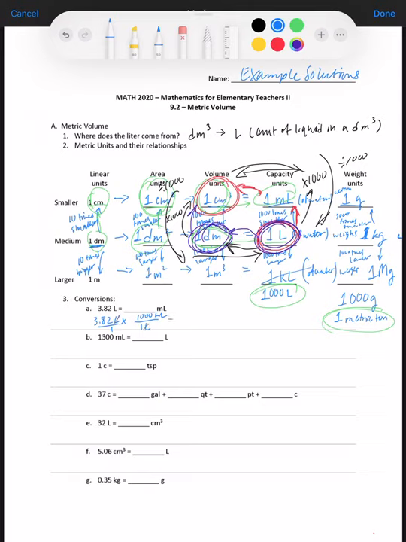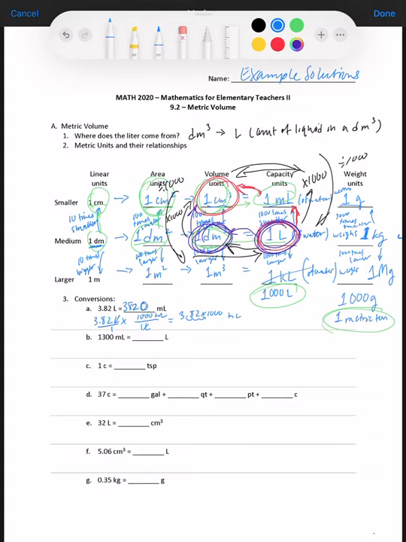Those will cancel, and we have 3.82 times 1,000, which is equal to some amount of milliliters. So when we move the decimal 3 places to the right, we get the answer to be 3,820 milliliters.